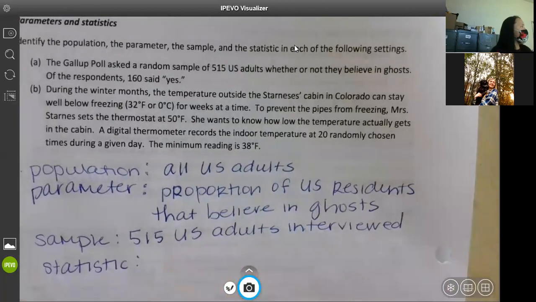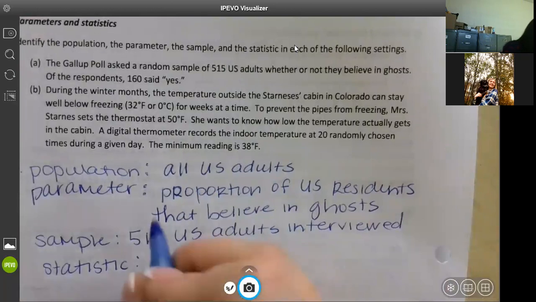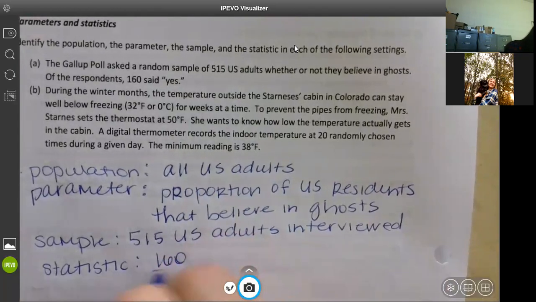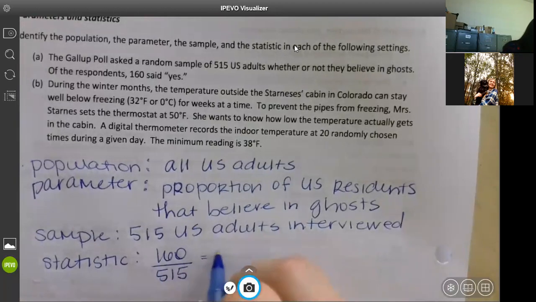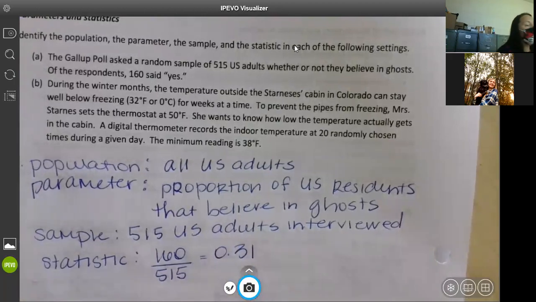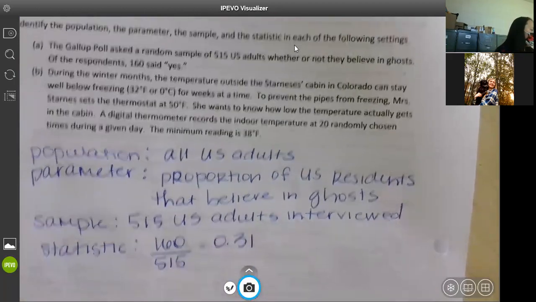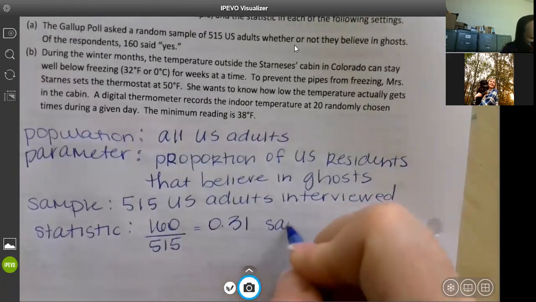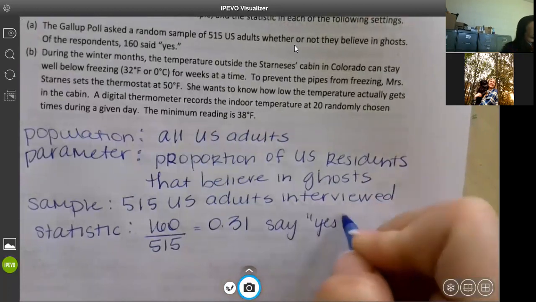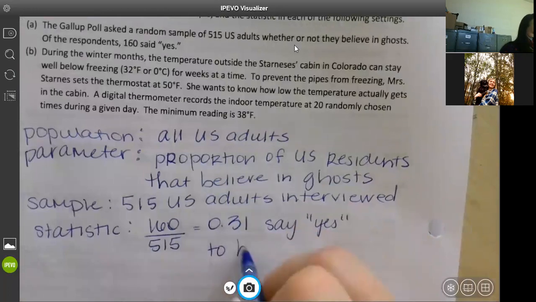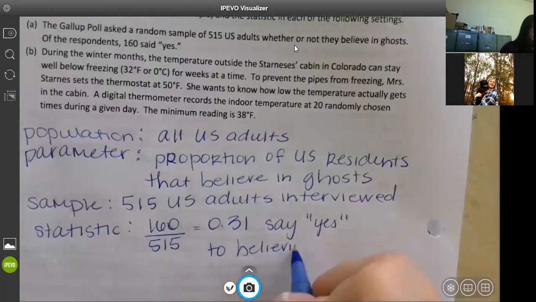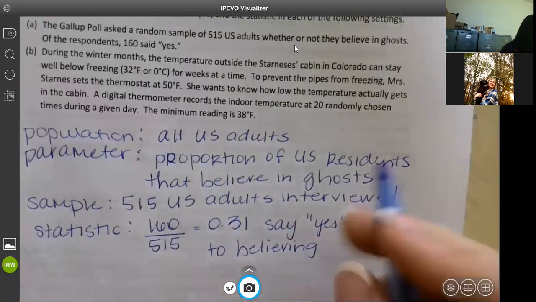And your statistic is the actual number that they give you. So they said 160, but remember that's out of 515 because we're looking for a proportion, or 0.31, that say yes to believing in ghosts.